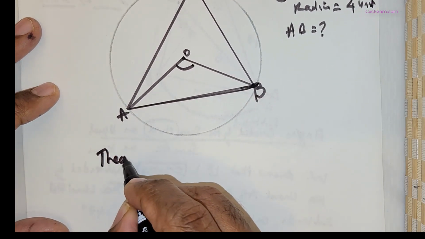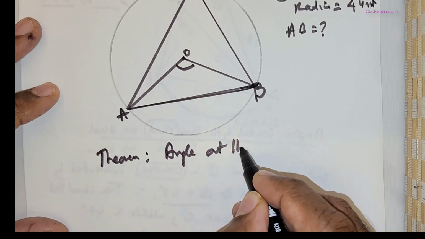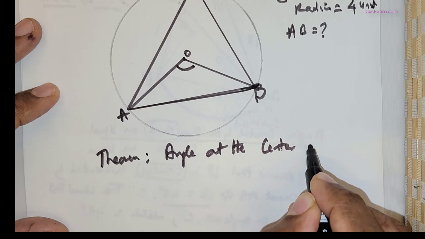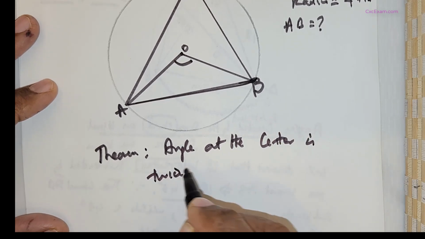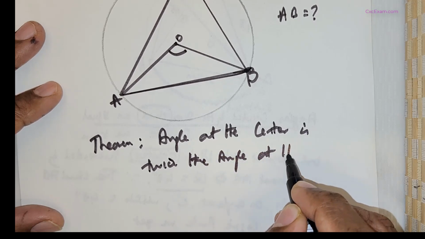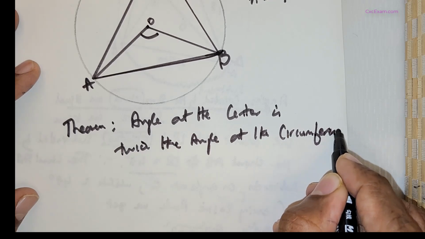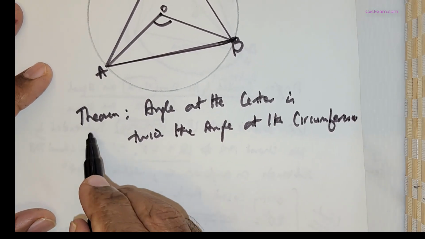Now this is the theorem. Angle at the center is twice the angle at the circumference. Okay.